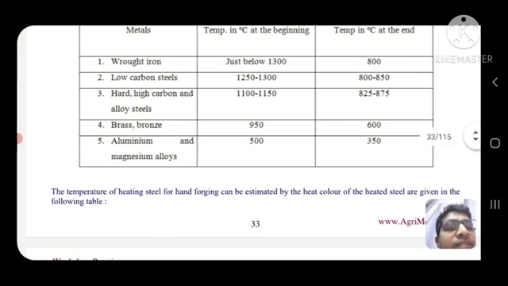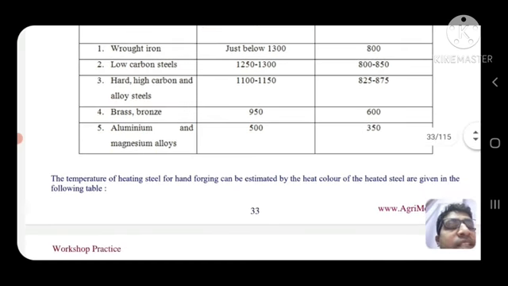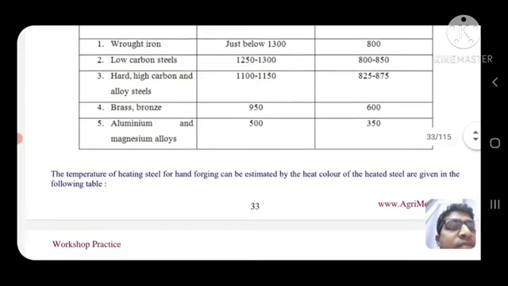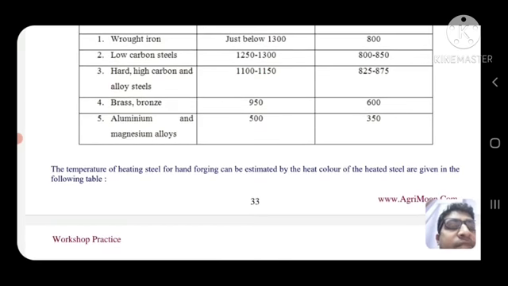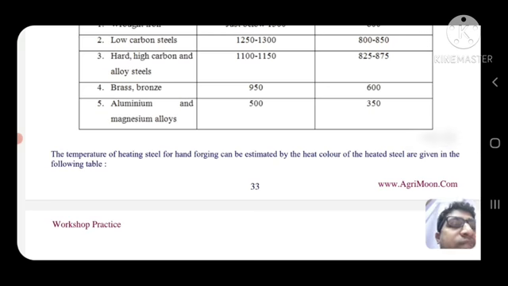Hard high carbon and alloy steel, 1100 to 1150, and at the end 825 to 875. Brass and bronze, 950 and 600. Aluminium and magnesium alloy, 500 and 350.